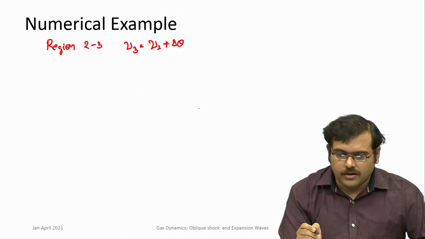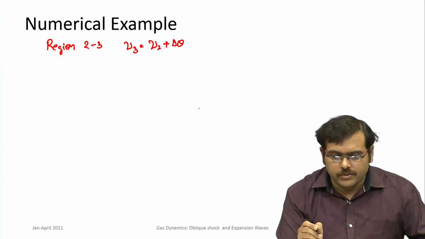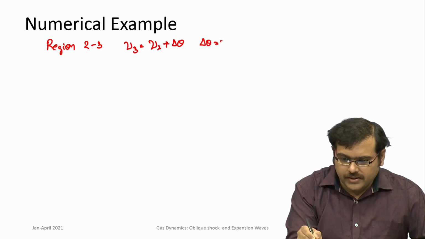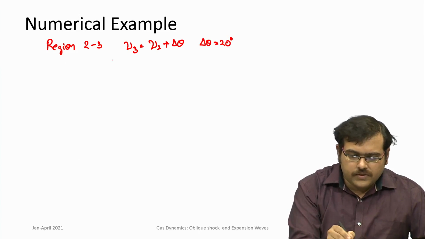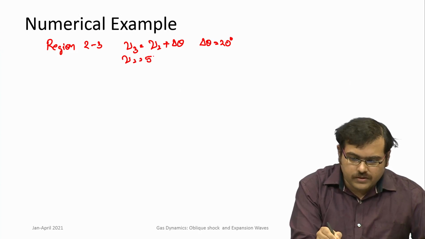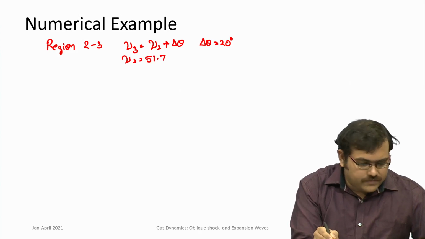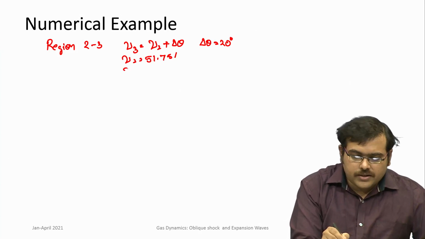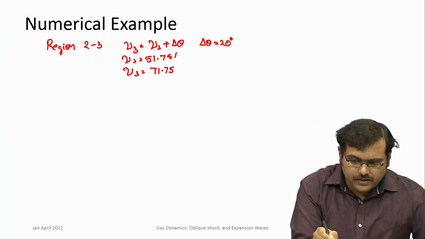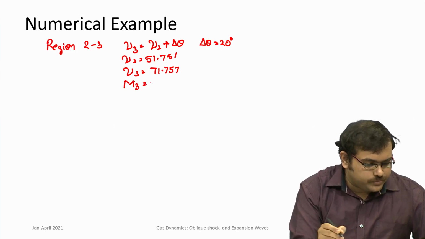So, delta theta is 20 degrees. We know nu 2, which we just found out, 51.757. So, nu 3 turns out to be 71.757. Corresponding Mach number M3 is 4.49.